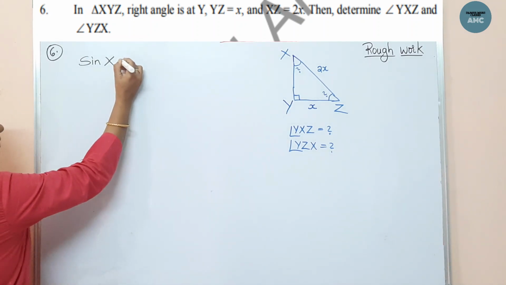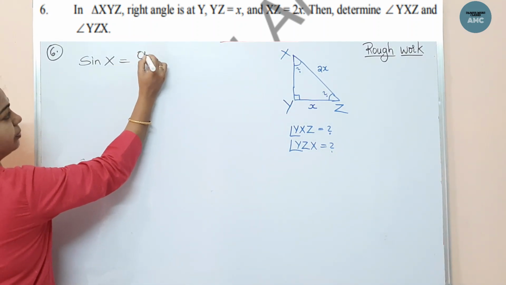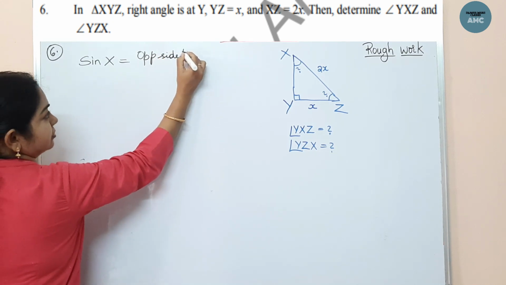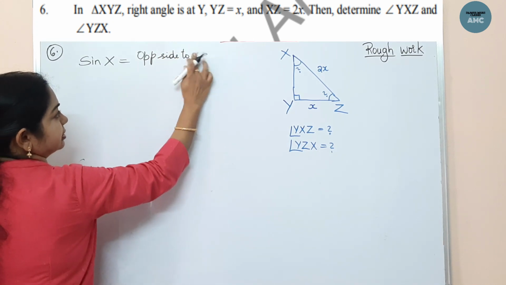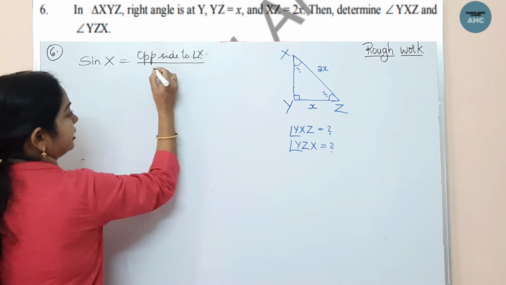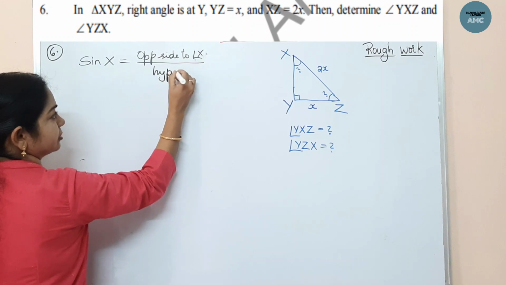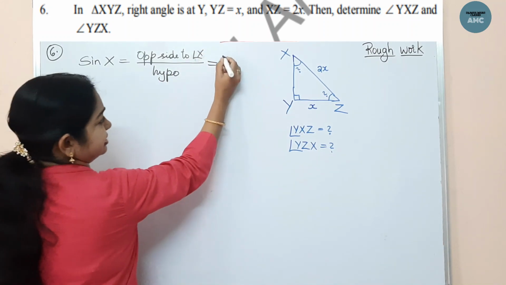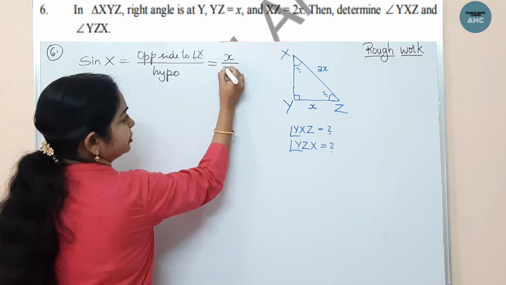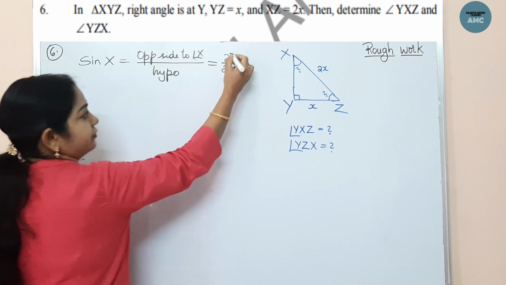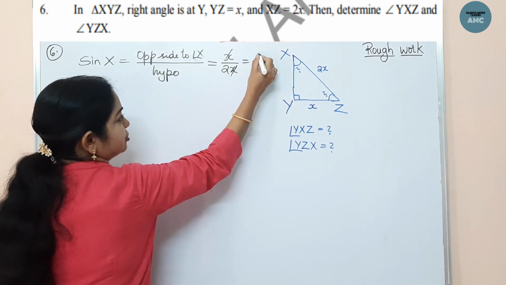So sine x is equal to the side opposite to angle x by hypotenuse. That is x units by 2x, opposite by hypotenuse. We can cancel off the x value, so it comes to 1 by 2.